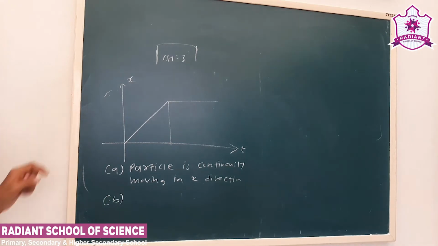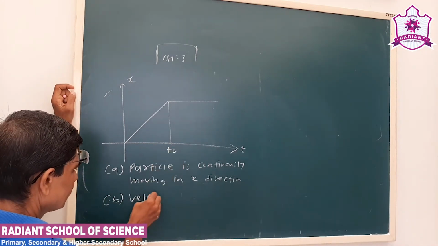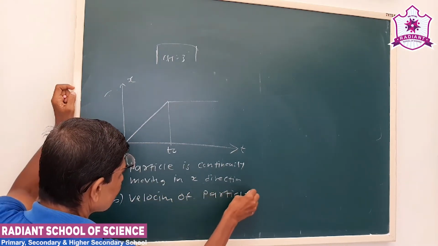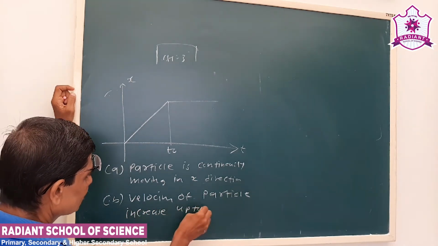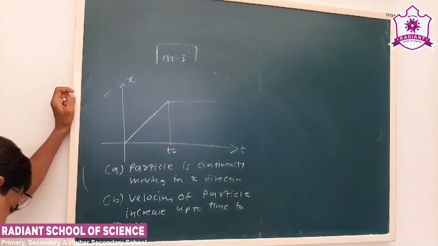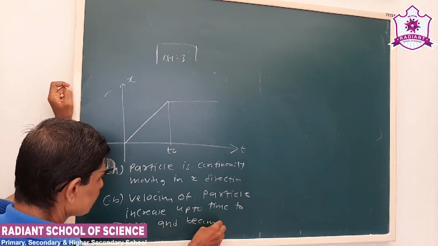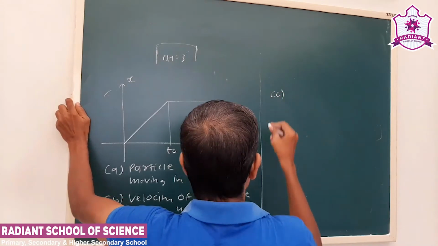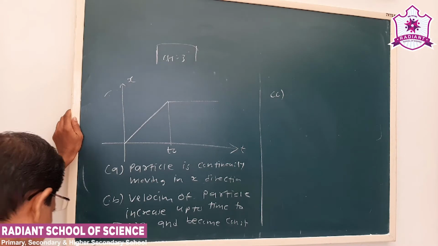What is option B? The velocity of the particle increases up to time t0 and becomes constant. Option C: the particle is stationary.